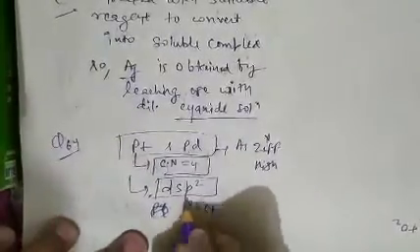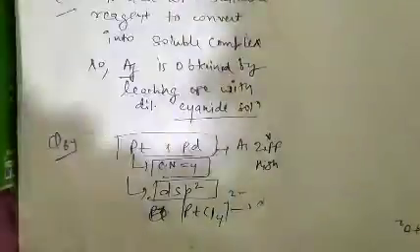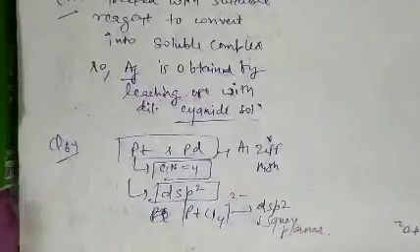So for PtCl4 2 minus, the hybridization will be dsp2. It means square planar. So it is square planar geometry. So question number 64, option A is correct.